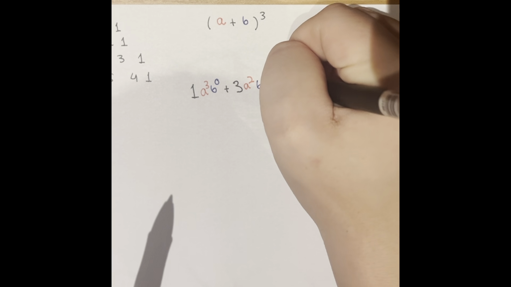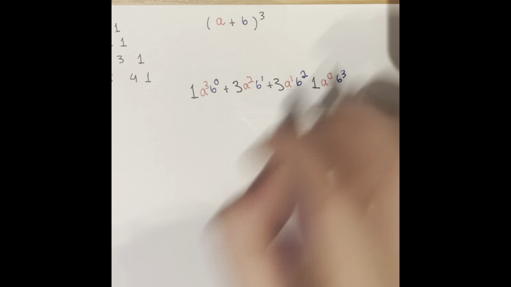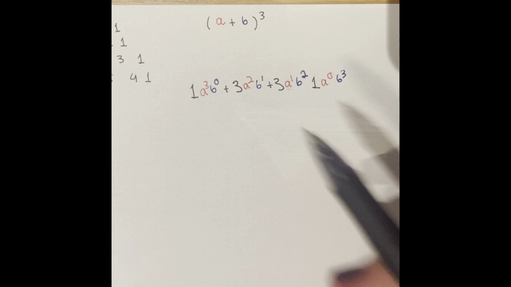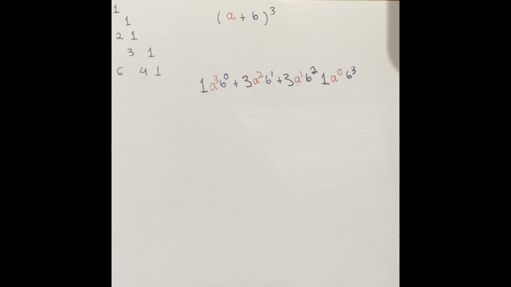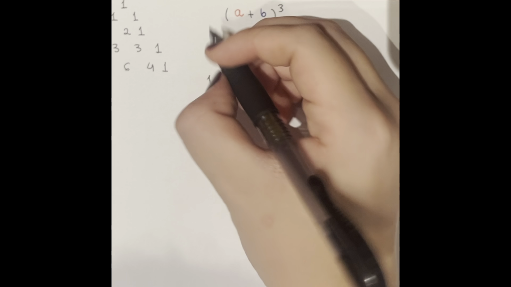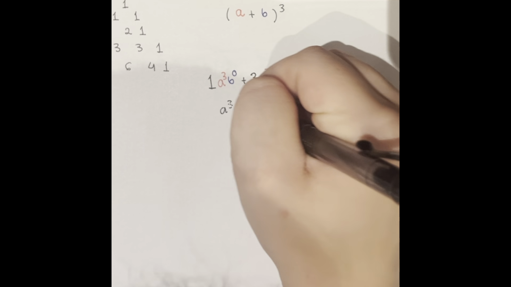We see here that both give the sum of 3, and in the end, a will be to the power of 0, and b to the third. And then just to reemphasize, whenever something is raised to the power of 0, it becomes 1. So that's why this will become a to the third plus 3a squared b plus 3ab squared plus b to the third.